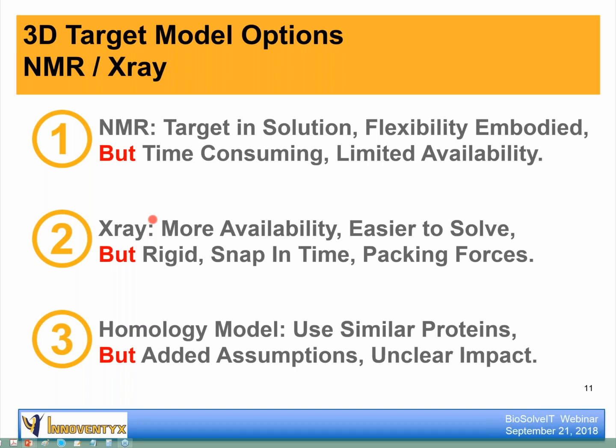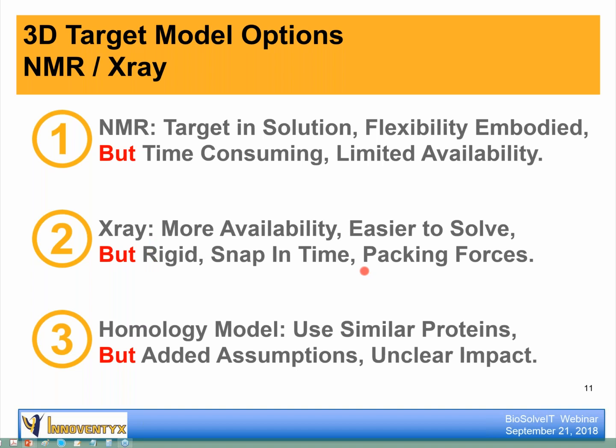The downside of that is that we need to keep in mind that the structural information that we're seeing is coming from a rigid form. It's a solid state, which is practically taking a picture, snapping time of how the protein might exist in solution.